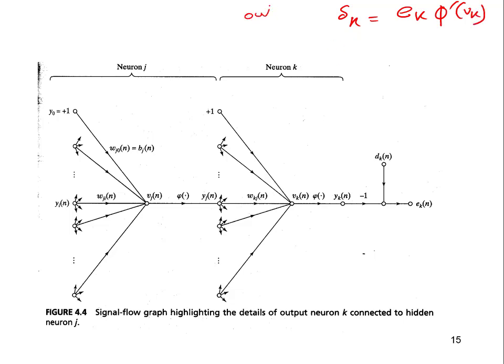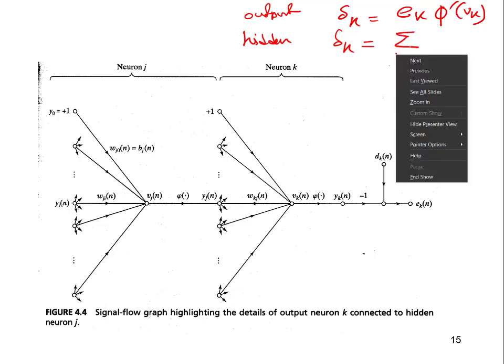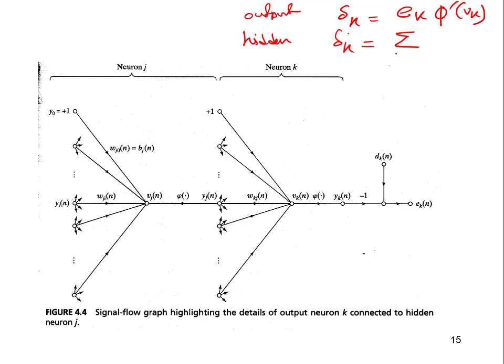And if it is a hidden layer, then delta j is ej times phi prime of vj, where the hidden layer is j and the output layer is the kth layer.